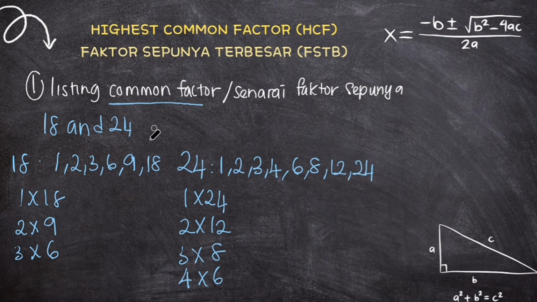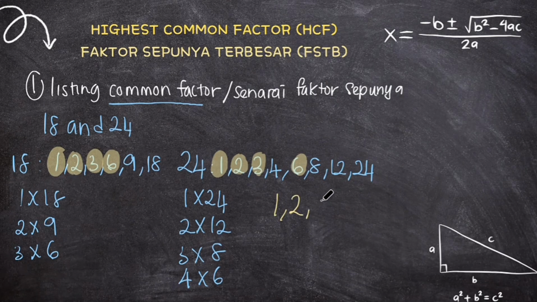And then you just highlight the common factor: 1 and 1, 2 and 2, 3, 3, 6, 6. The last step is listing down the common factor: 1, 2, 3, and 6.